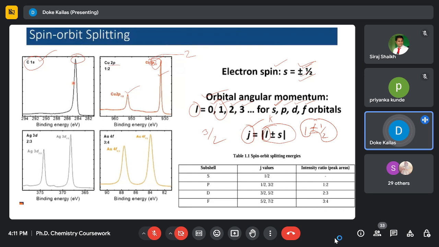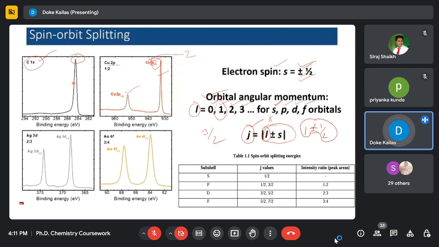Again, from the intensity of the line also we can understand whether it is from a p orbital or d orbital or f orbital. If the electron is ejected from a p orbital, then the intensity ratio of 2p 1 by 2 to 2p 3 by 2 is 1:2, because here it has 2 electrons and here it has 4 electrons.